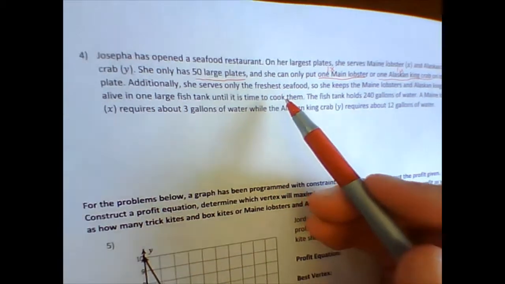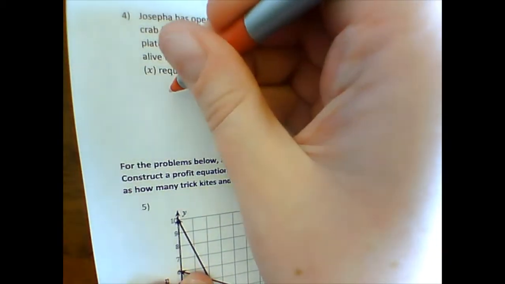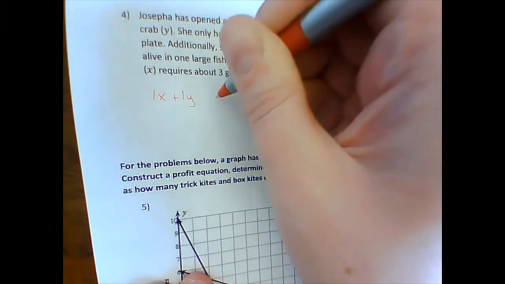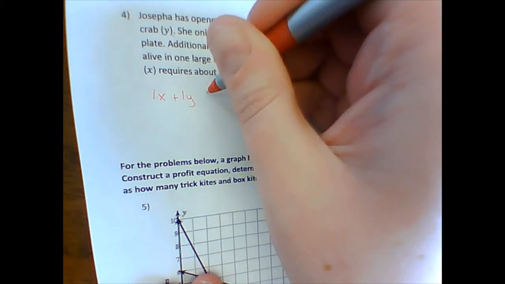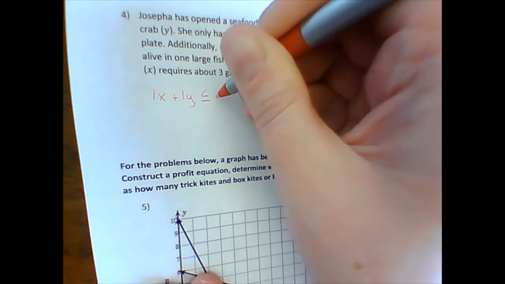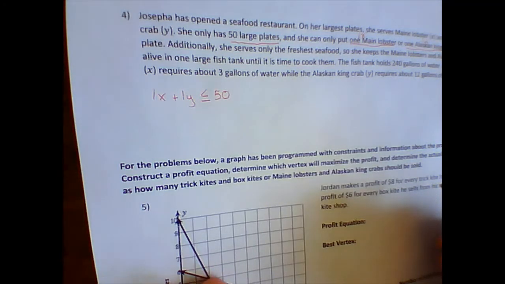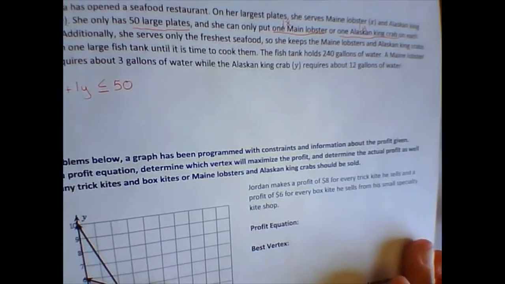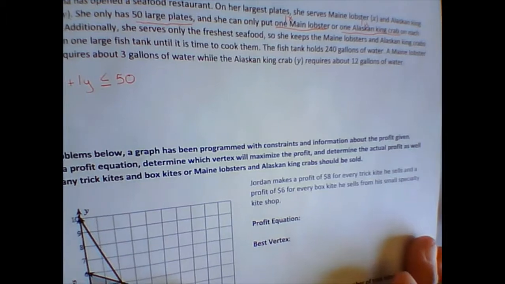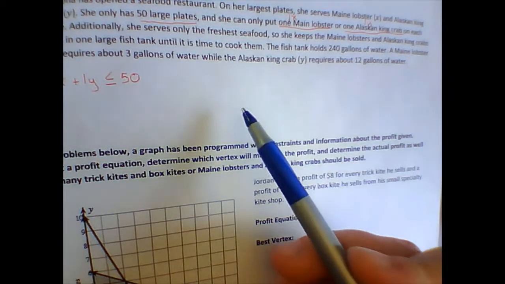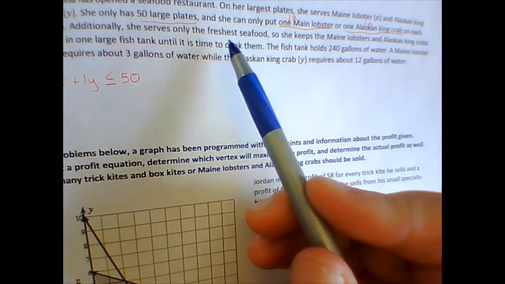That means they get to go into an equation together. So we have 1 of those x lobsters and 1 of those y crabs. And we cannot go over 50 plates. That's why I'm putting in an inequality. But you could put an equal sign if that makes the math easier. But technically it is that we need to be at 50 plates or smaller than 50 plates. So 50 plates is the most we can have.